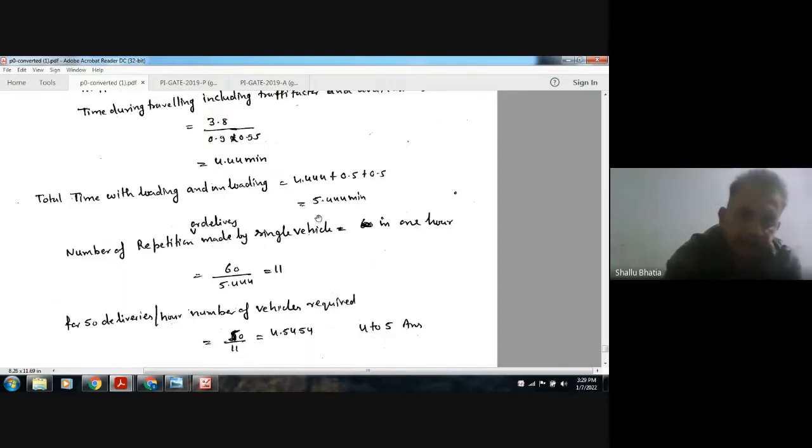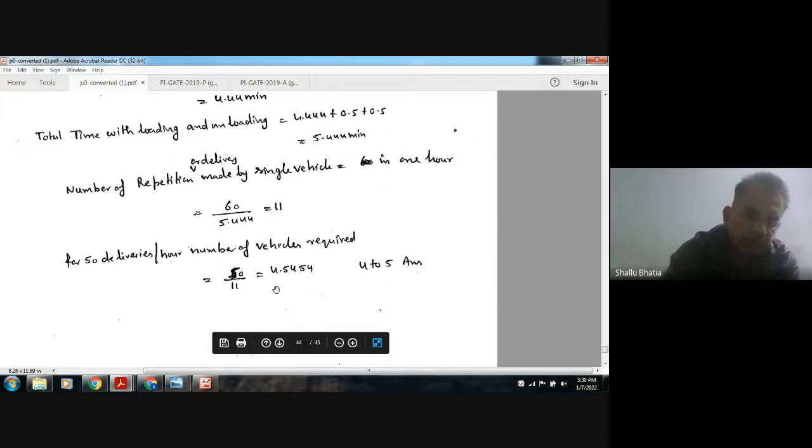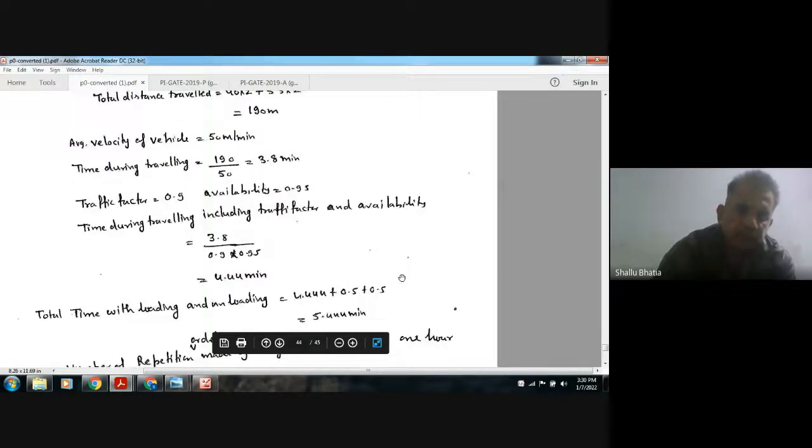In one repetition it takes 5.44 minutes, so one vehicle can make 11 repetitions in 1 hour, that is 60 divided by 5.44. So one vehicle can deliver 11. For 50 deliveries, we will need 4.55, so the answer is 4 or 5 vehicles. Okay. Thank you very much.